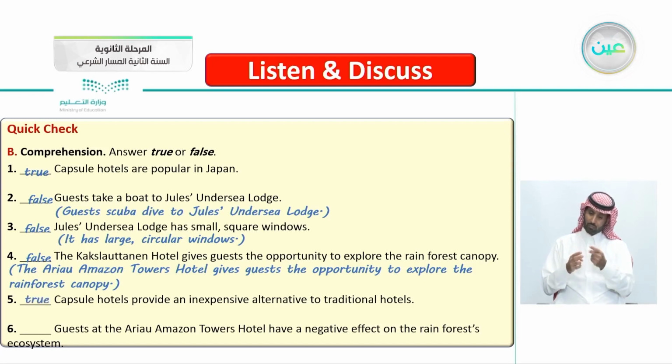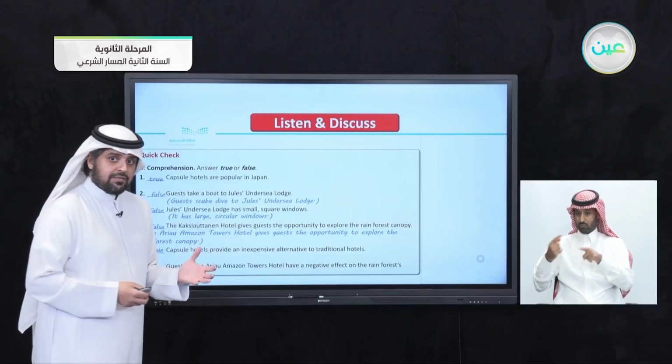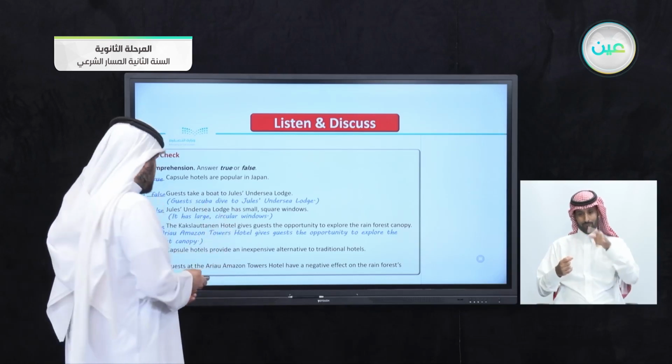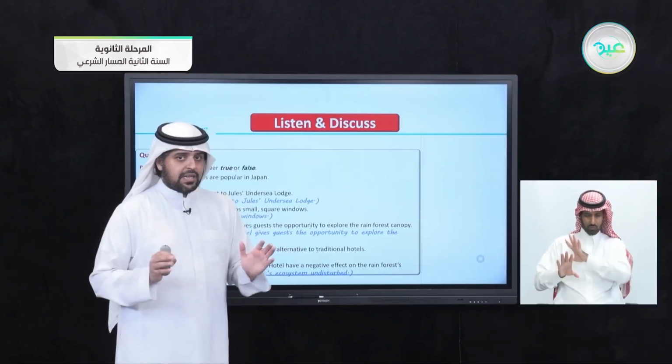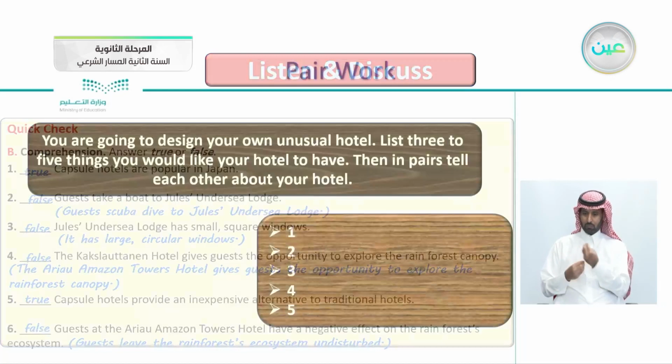Yes, that's correct, so it's true. Number 6, guests at the Ariao Amazon Tower Hotel have a negative effect on the rainforest ecosystem. Do they have a negative effect? Of course not, so it's false. Guests leave the rainforest ecosystem undisturbed. They don't leave any negative effects.